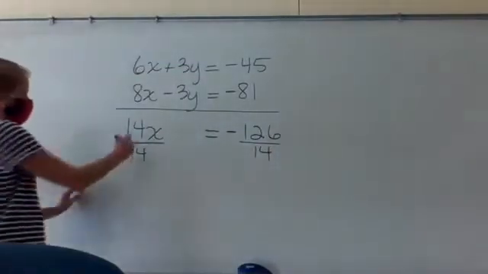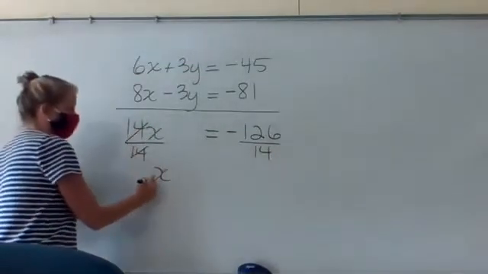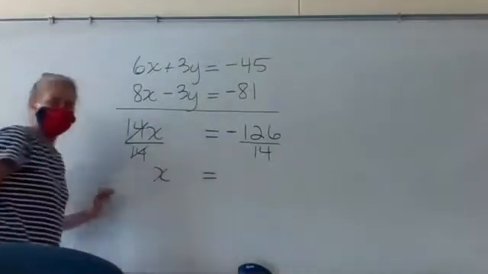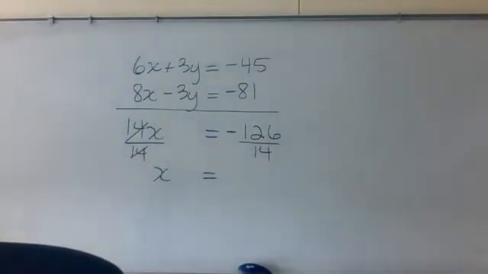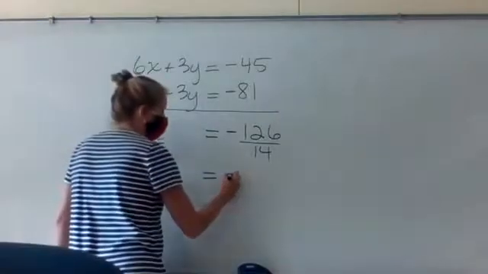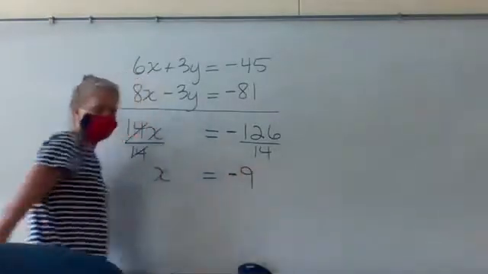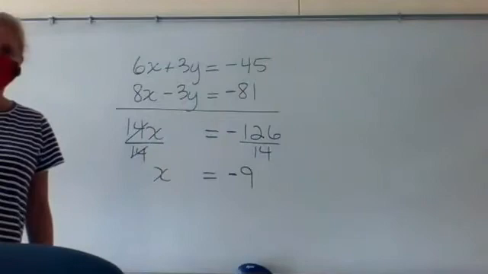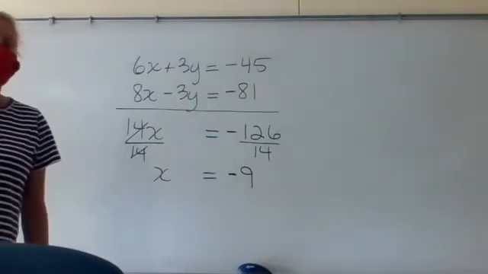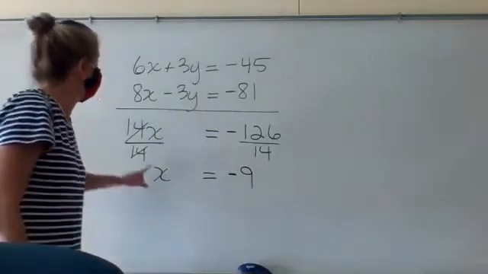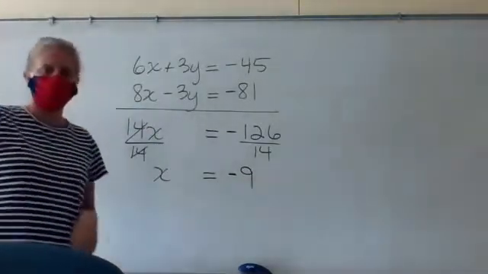So if I do that, these 14s cancel. Now I have x equals negative 126 divided by 14, which gives me negative 9. So now I know what part of my answer is. I know that these x's are negative 9s.